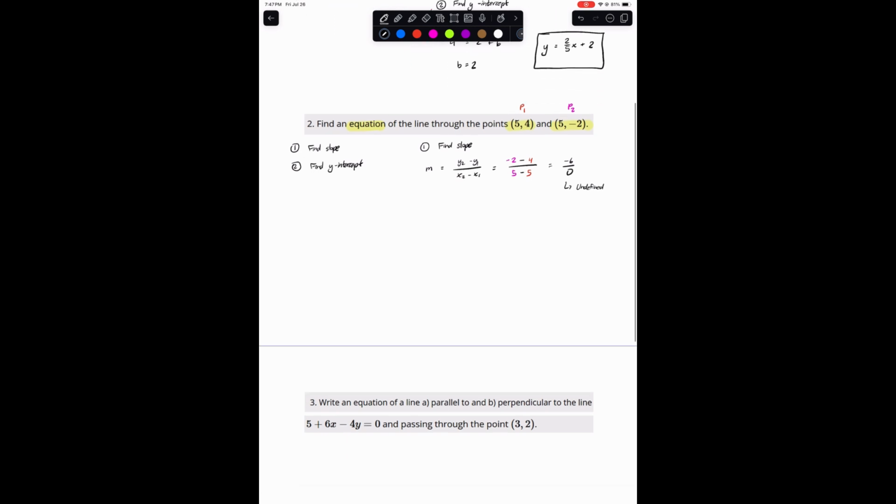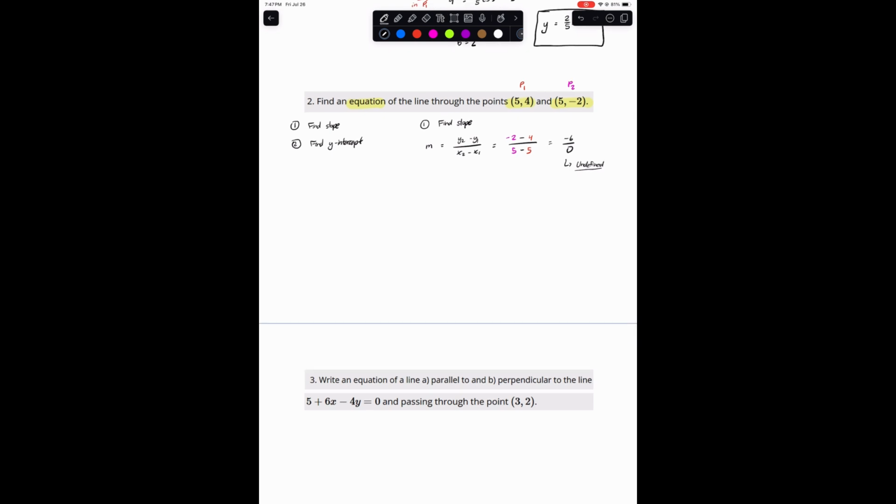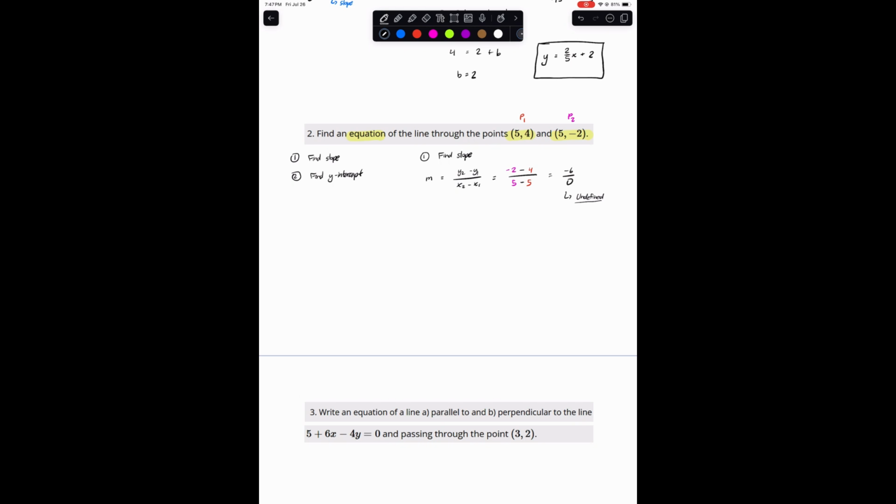So because it's undefined, it's going to be just a vertical line. There's no angle or horizontal component to this line. For a vertical line, there's strictly one x value, and it's 5. So our answer here is x equals 5. And that's it. That is our answer.